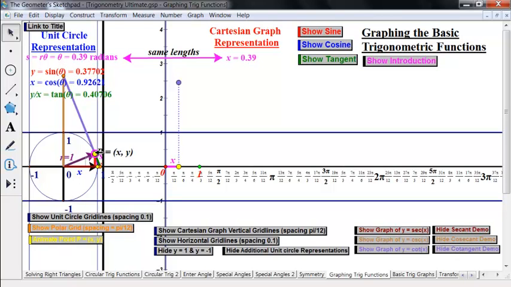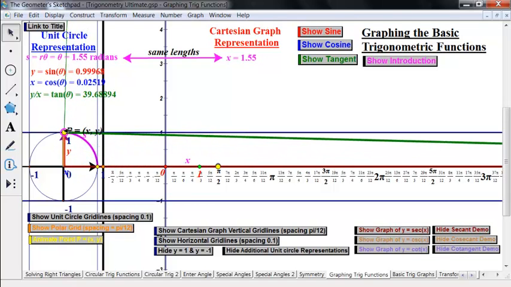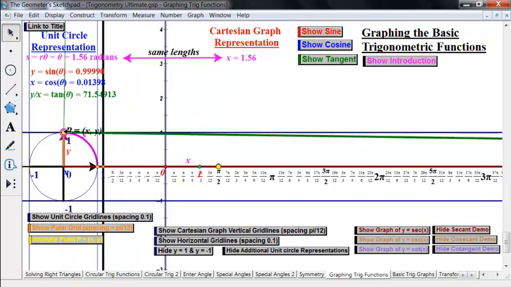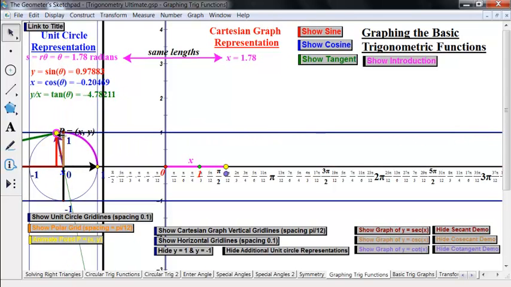And as this goes around the circle, that length is getting smaller and smaller, so it's going way up high, positive, coming down towards, well, it works its way all the way down to 0 when you get to right here at pi over 2. And then as we go here, that distance is getting longer again, but now in this quadrant, cotangent is negative, so it's the opposite of that length. And so this length here again is the same as that length, but it's pointing down in the negative direction.